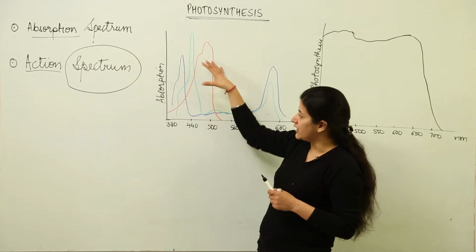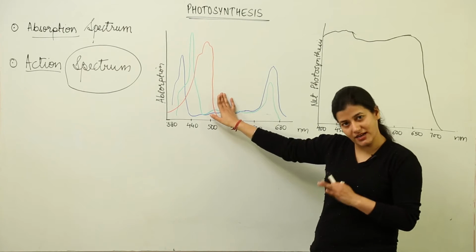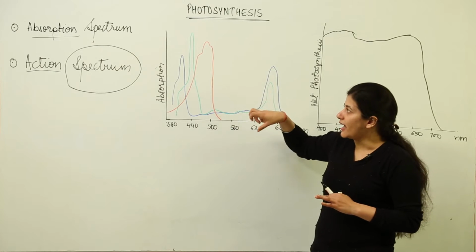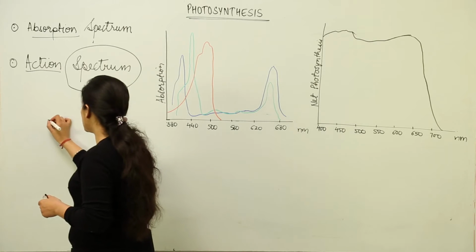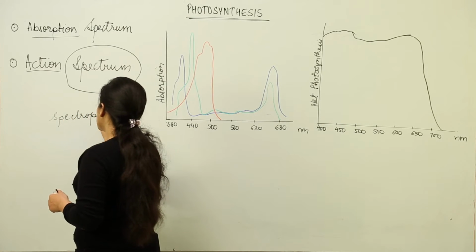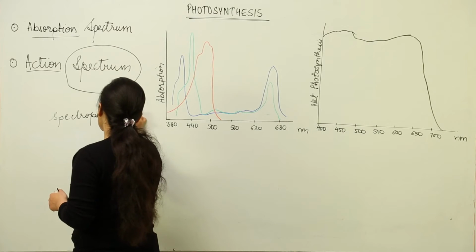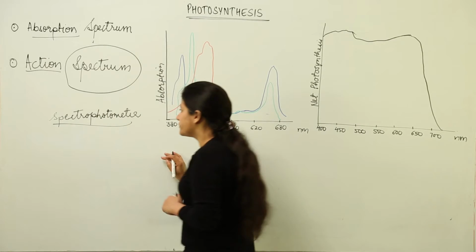And these different colors are depicting different pigments which are present inside the leaves. This entire absorption spectrum is obtained by an instrument known as a spectrophotometer. If you can remember it, it's good: this is the instrument that we use for getting the absorption spectrum.